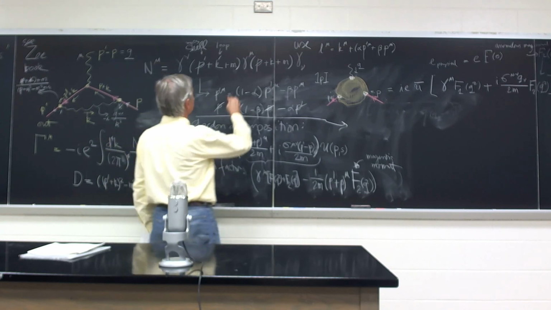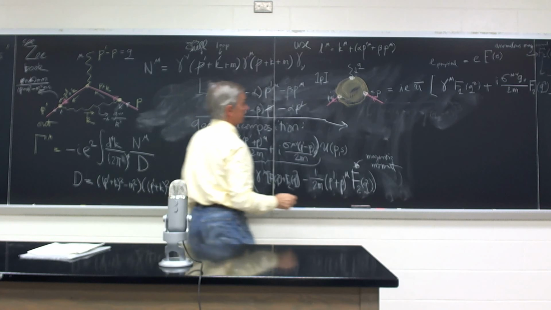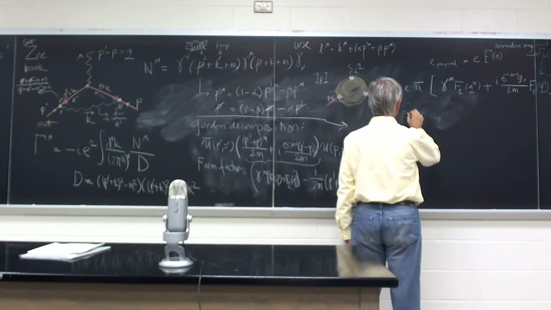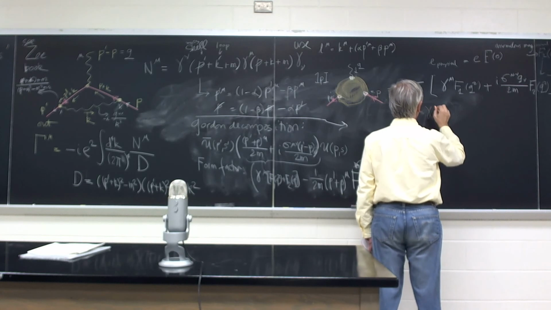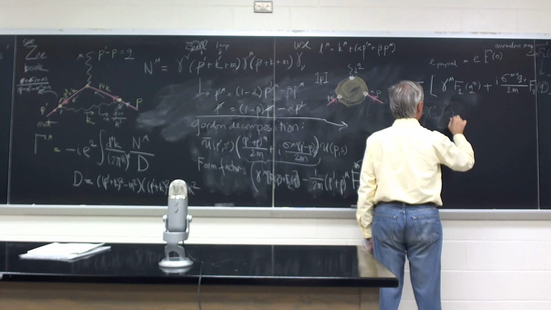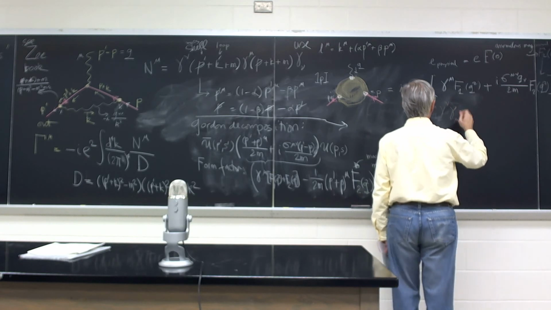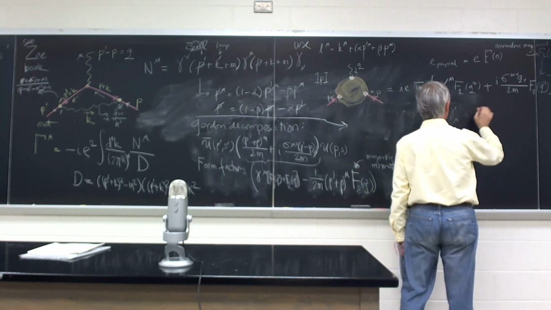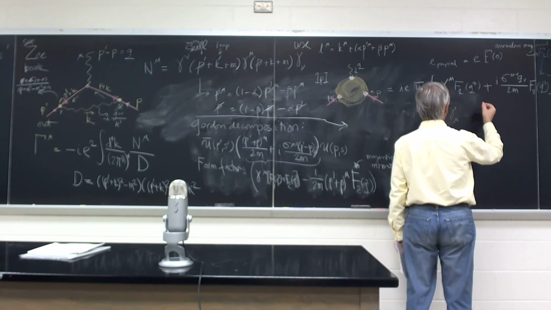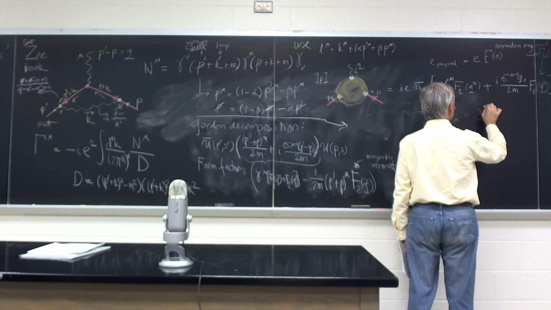So the term will look like m squared gamma mu, and if you work it out, it's proportional to gamma mu.